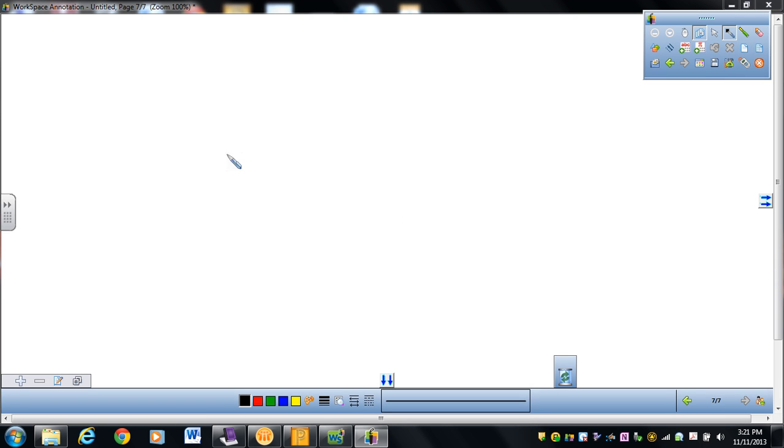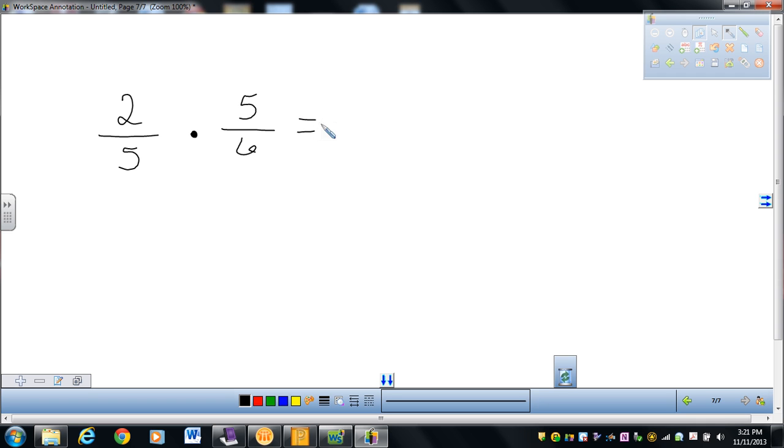Next we have multiplying fractions. Multiplying fractions are my favorite because they are the easiest. I do not need to worry about having a common denominator. All I really have to do is multiply across.